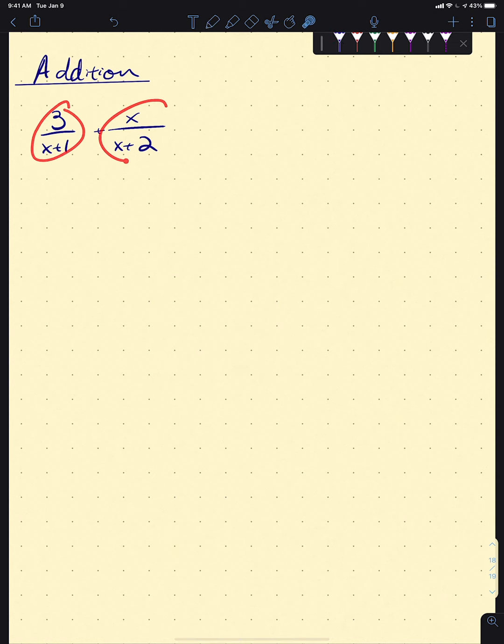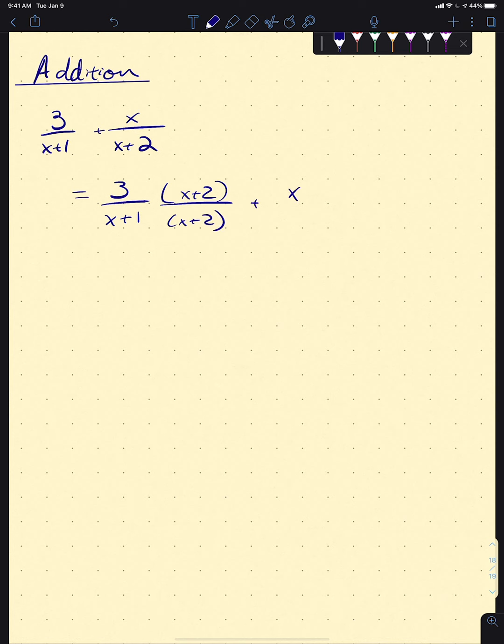In order for us to add these two expressions, we do need a common denominator, so we need to multiply by a fancy 1. 3 over x plus 1, we'll multiply this by x plus 2 over x plus 2, and we have x over x plus 2 times x plus 1 over x plus 1.